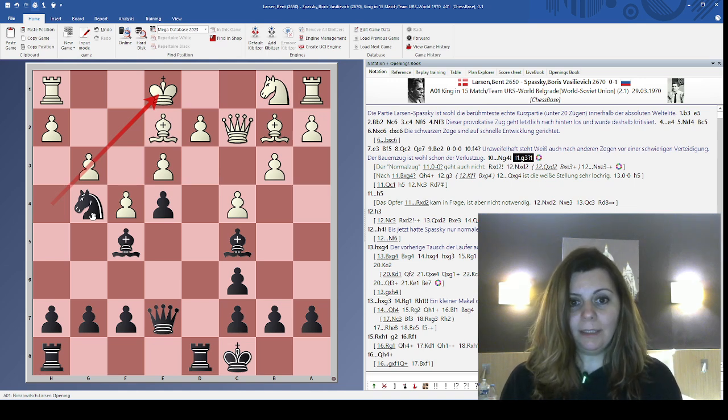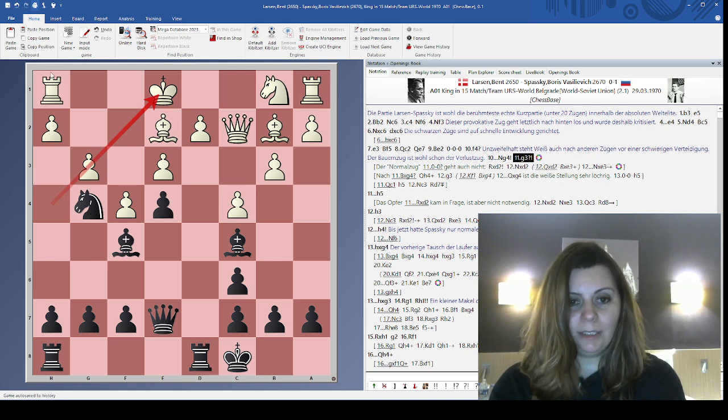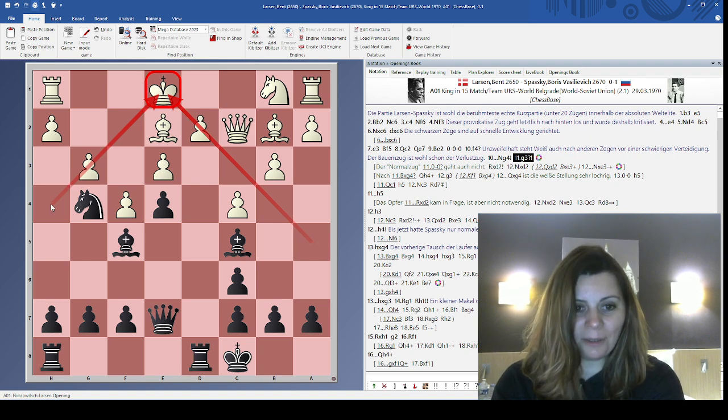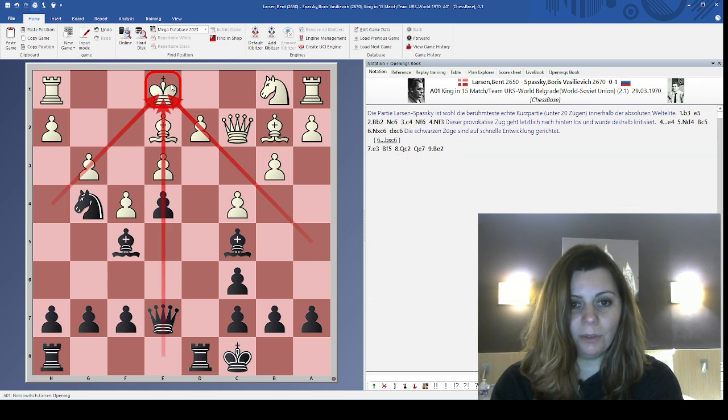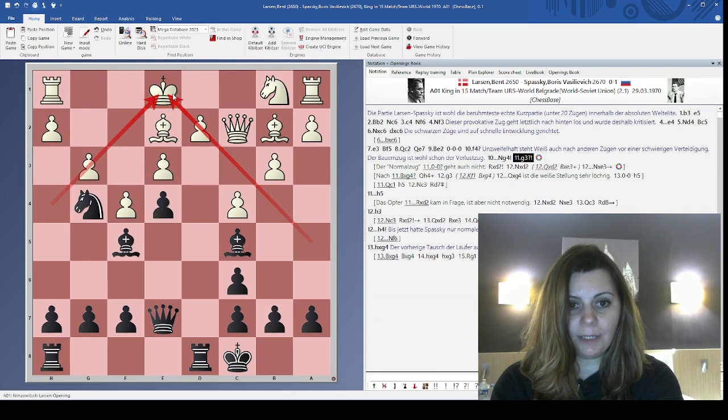Actually, Mikhail Tal, in his book about attack, where he explains the art of attack, which is actually a great book, describes that once your king got stuck in the center, or not really stuck, but you did not castle, danger will always come either from the right diagonal or the left diagonal, or it can also be from an open file or semi-open file. In this situation, we see that we don't have this file here, so the king is safe from this.